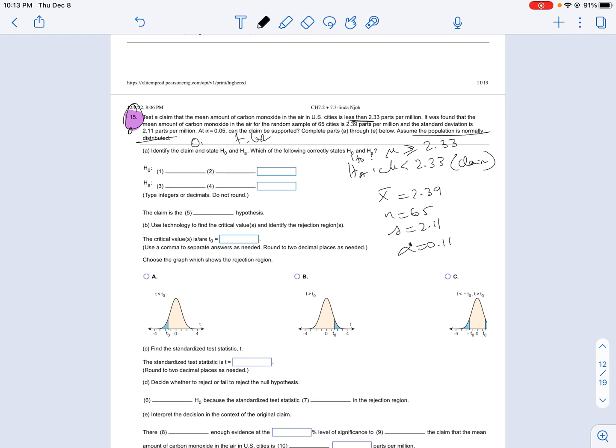So this is a t-test, one sample t-test. So let's start. Mu is going to be then 2.33. Mu less than 2.33. The claim is in the alternative hypothesis.